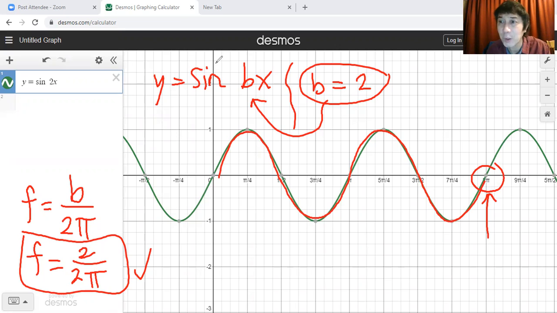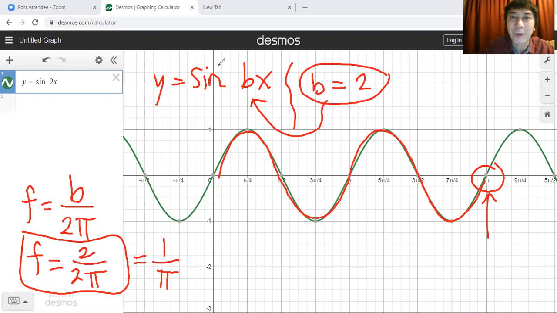Now, what if you cancel out that 2? Because you can divide 2 and 2. So this will just become 1 over pi, right? The 2 will divide, and so this will just be 1 over pi. That means one complete cycle per pi radians.